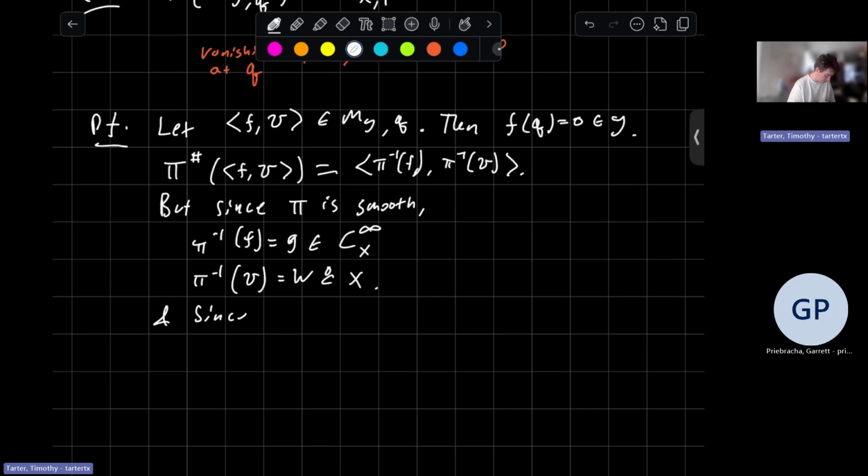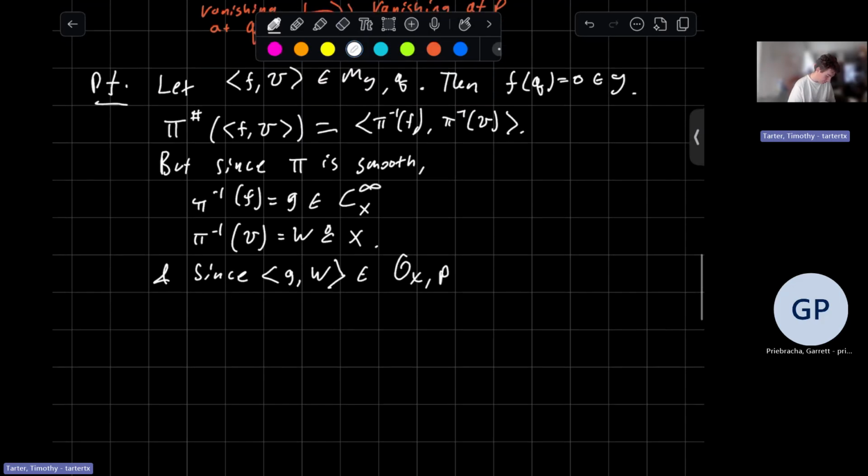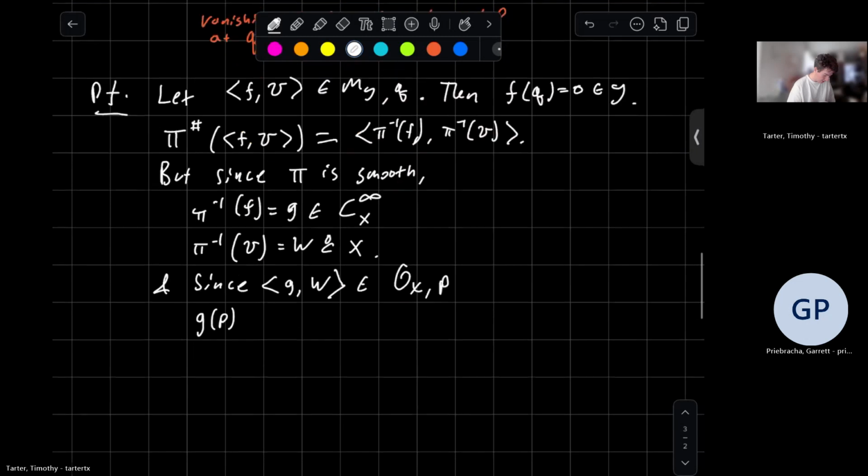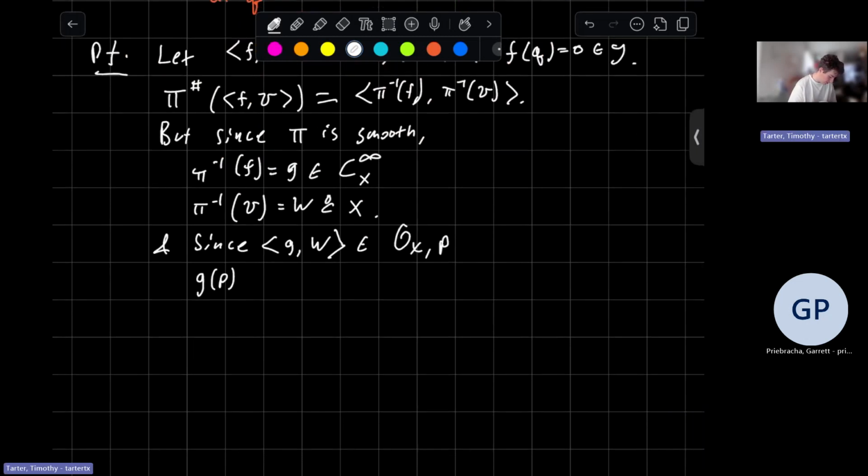And since (g, W) is in the stock on X at P, g of P is... I want to say that W is isomorphic to W prime in R^n, which is an open subset.